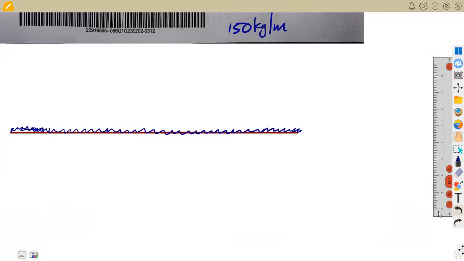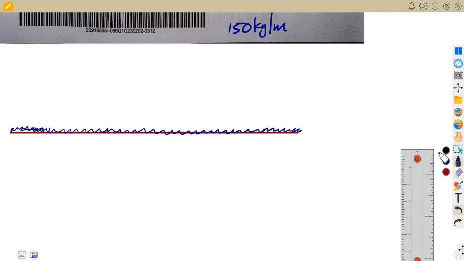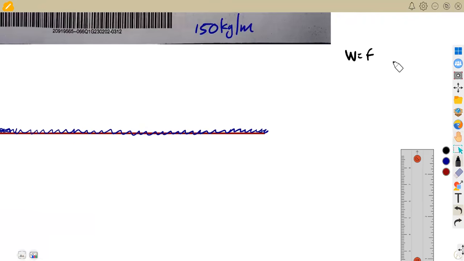We apply the weight, which is given by mg, and it is going to be the force per meter, because this is mass per meter.